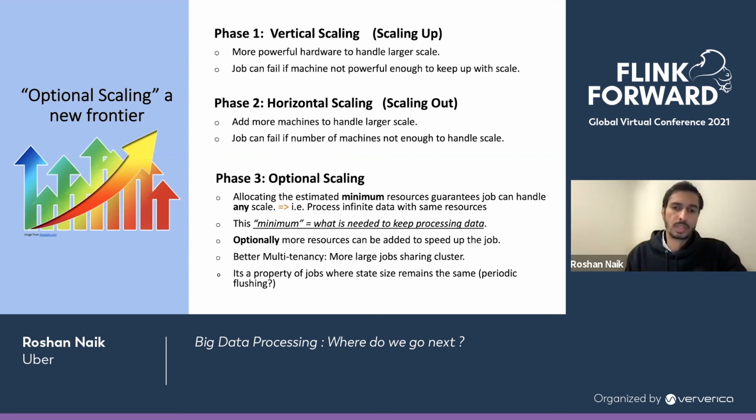So this is an interesting property, which is worth recognizing. It usually applies to jobs which have a fixed amount of state size, something that does not change with the input size.